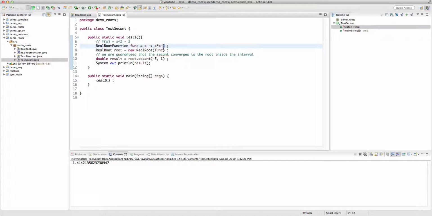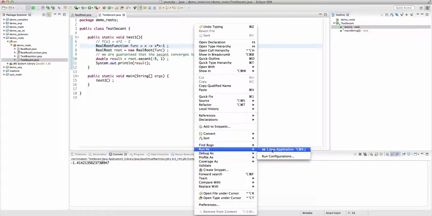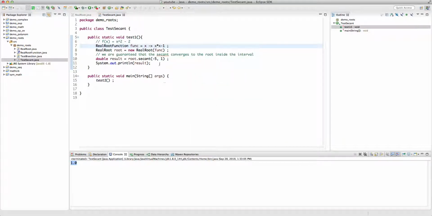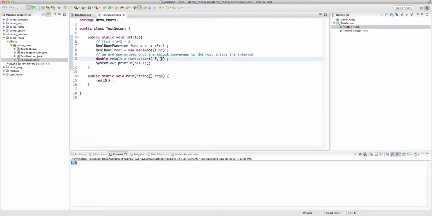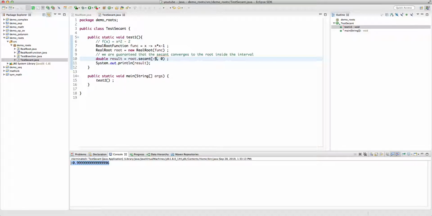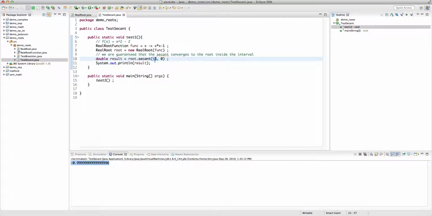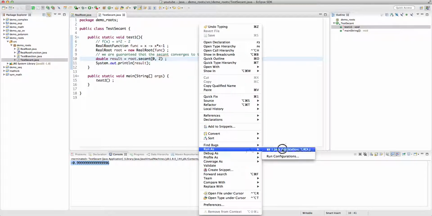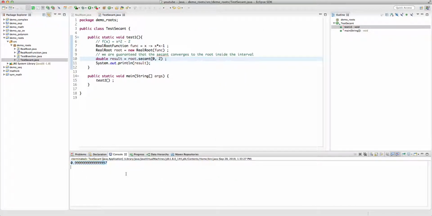And let's say we put it to x squared minus 1, we return 1, and if I put this to 0, I should get the negative 1 root, which is correct. If I get this to, I don't know, 0 and 5, 0 and 2, this is still a valid bracket for this x squared minus 1, so I should get the 1 root, right?